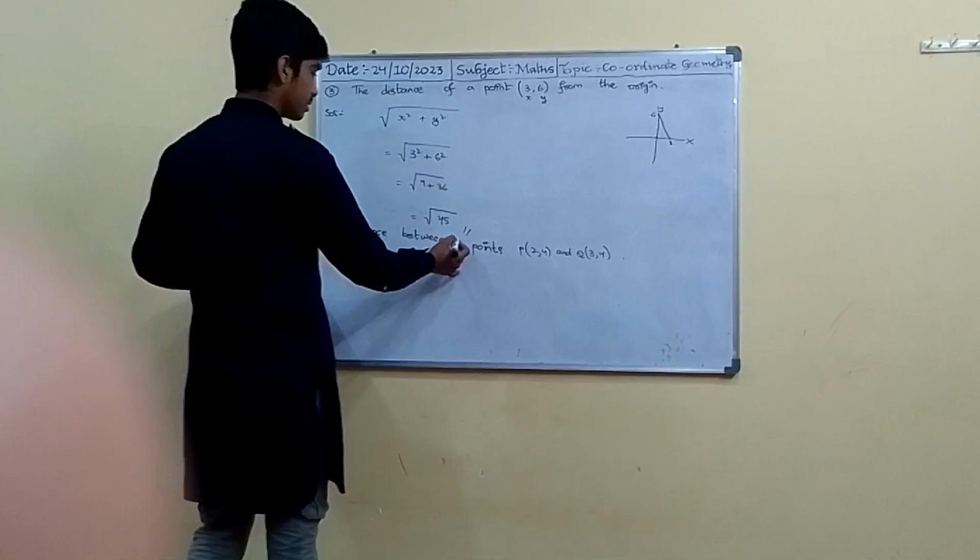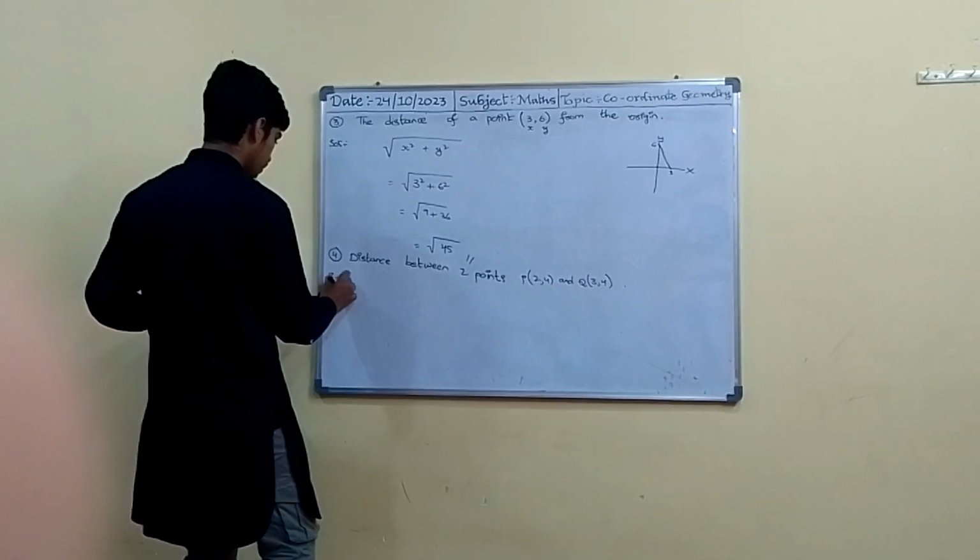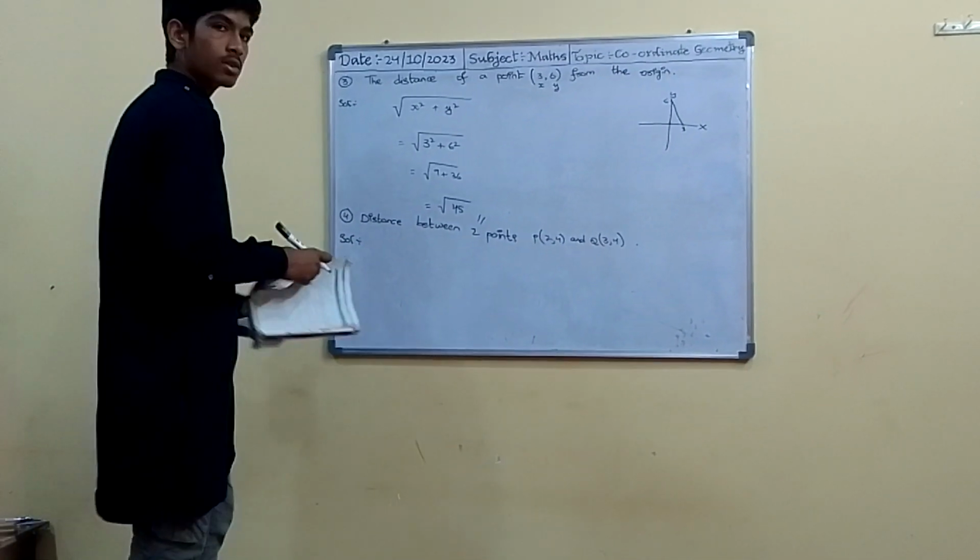So we have to find the distance between 2 points. What is the formula for the distance between 2 points? This is the question for the fourth formula.